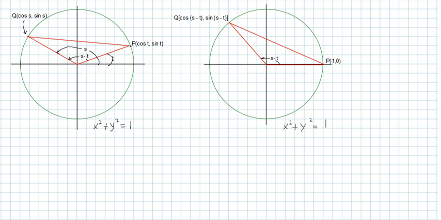So the x coordinate for this angle is the cosine of s minus t, and the y is the sine of s minus t. Just copy s minus t, same angle, and we just update the notation here.